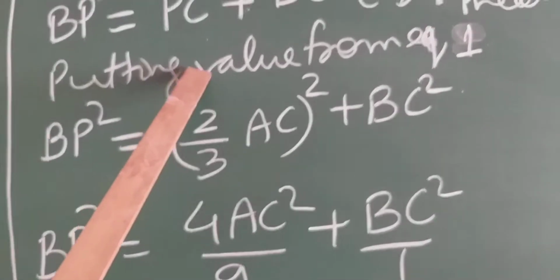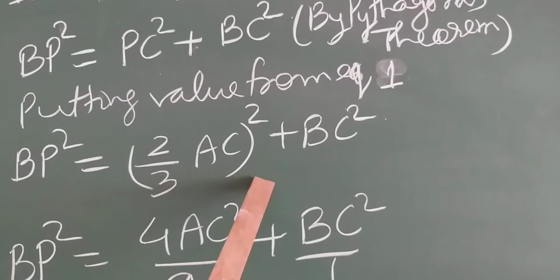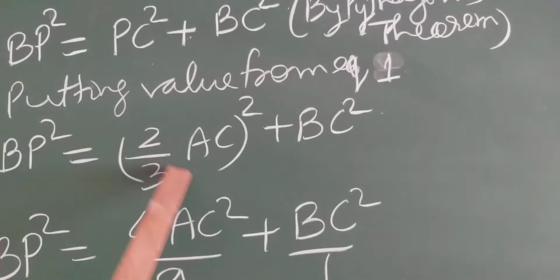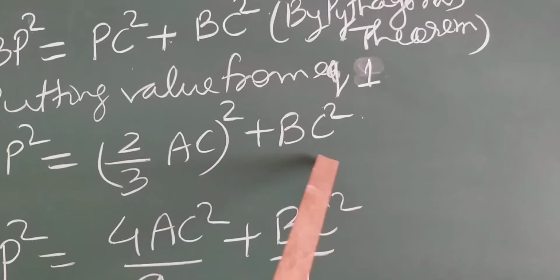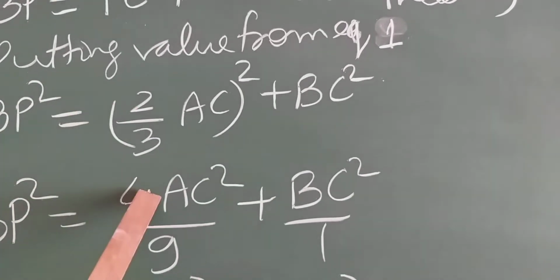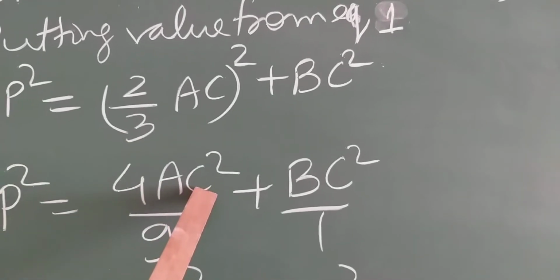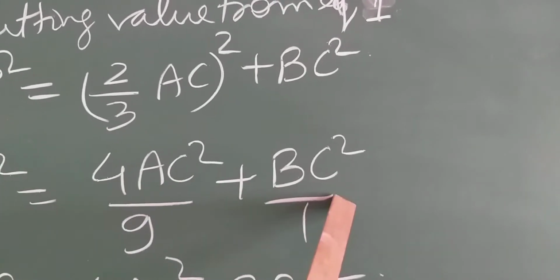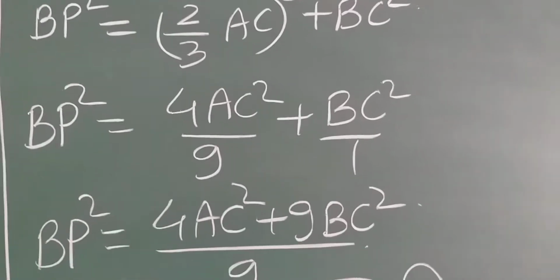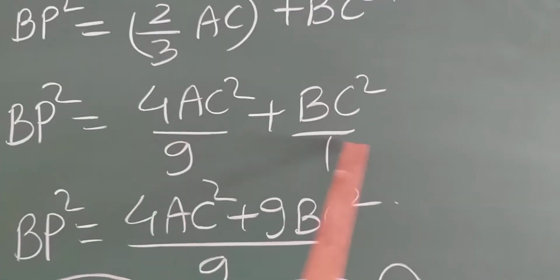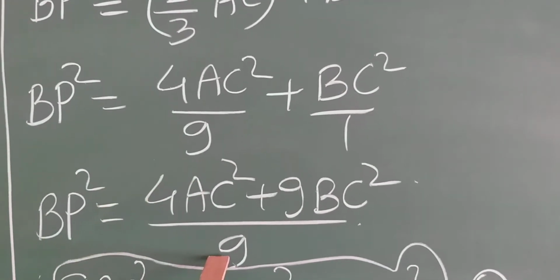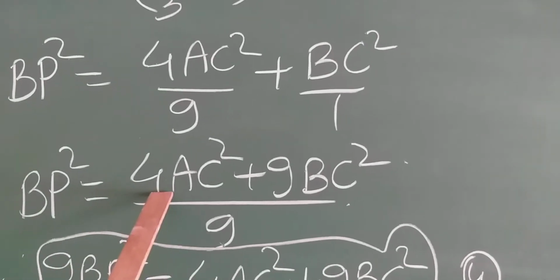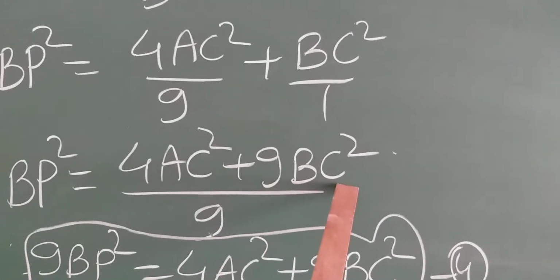So BP square equals (2 upon 3 AC) square plus BC square, which becomes 4 upon 9 AC square plus BC square. Taking LCM 9, we get 4 AC square plus 9 BC square.